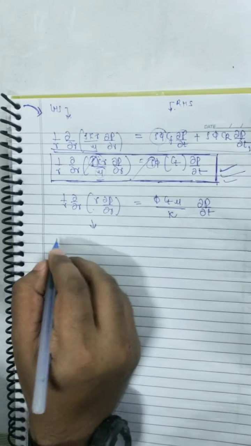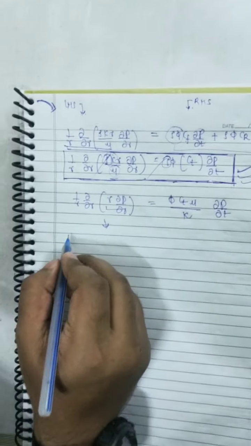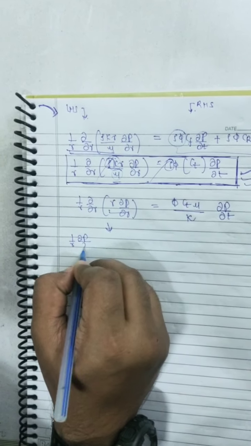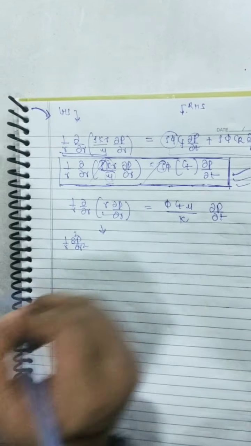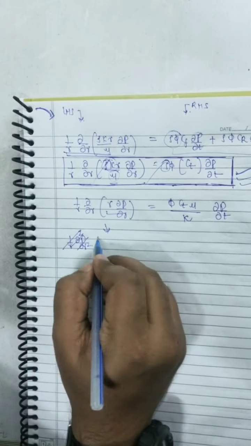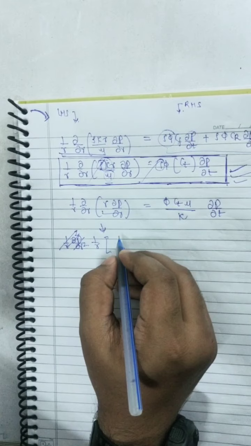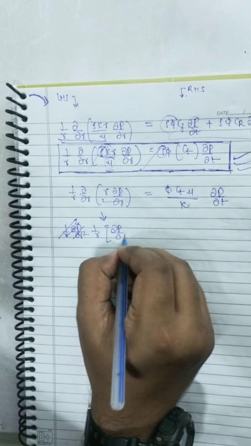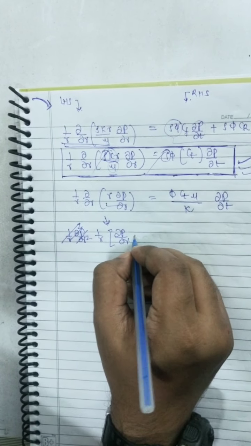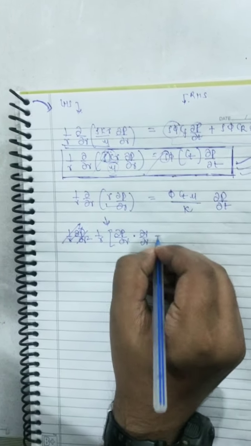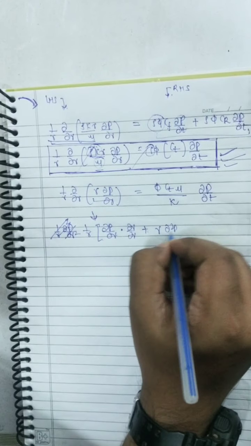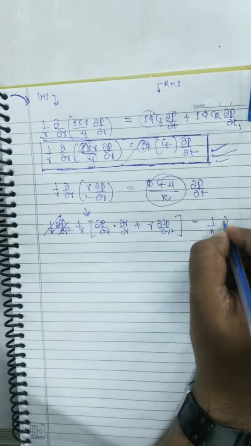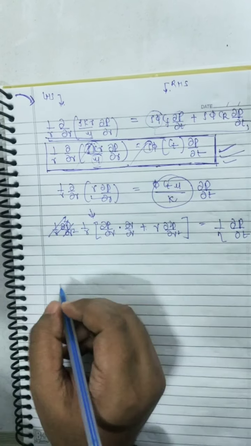Solving this by the multiplication rule of differentiation, we get 1 by r times of del p by del r into del r by del r plus r del square p by del r square, and this is nothing but 1 by eta del p by del t, where eta is k by phi mu ct.